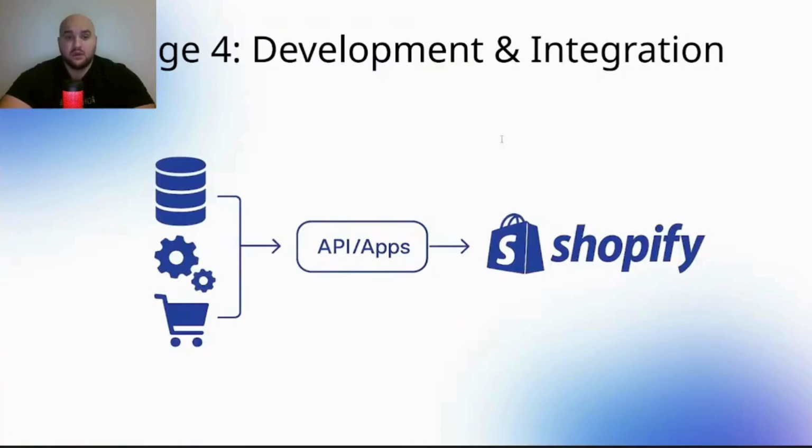Now, this stage, by its nature, is where the store becomes a real functional ecosystem. We replace fragile legacy scripts with clean, scalable Shopify logic and integrate every external system into the new platform, so it can work as one cohesive engine.